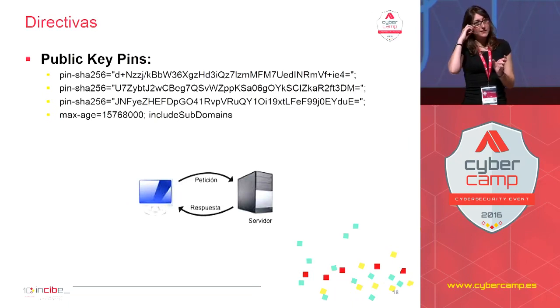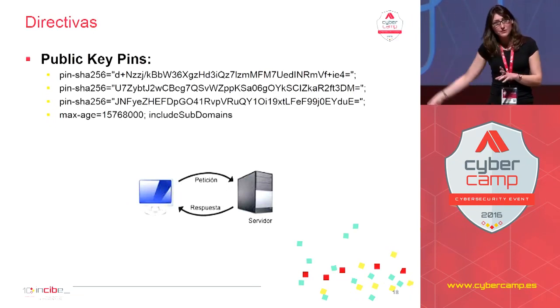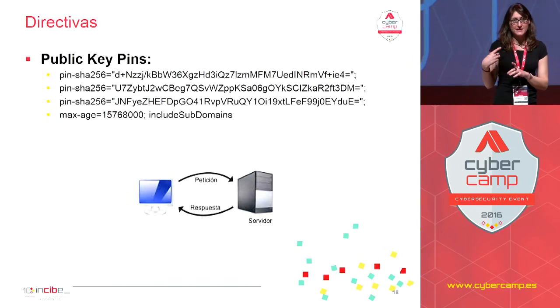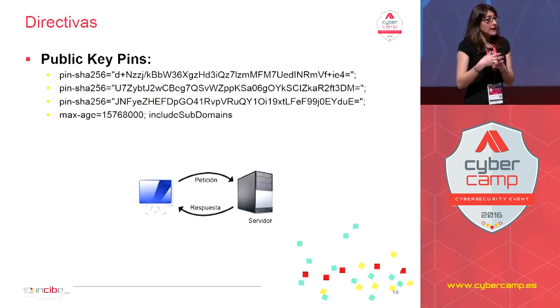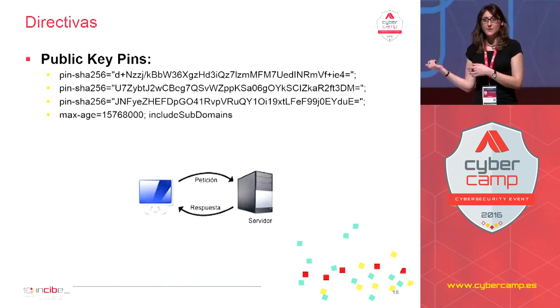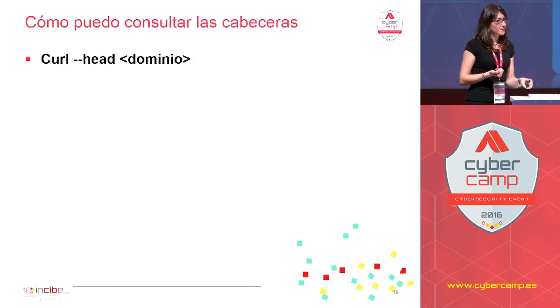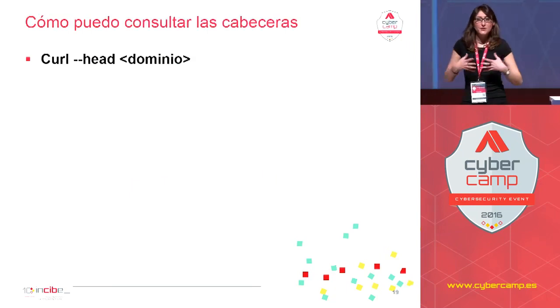We are saying that we want these headers to last for 6 months. After 6 months, the headers will no longer be valid, and as we said before, we would be back again in first connection. And we are also saying that we'd like it to include the subdomains associated to those domains.